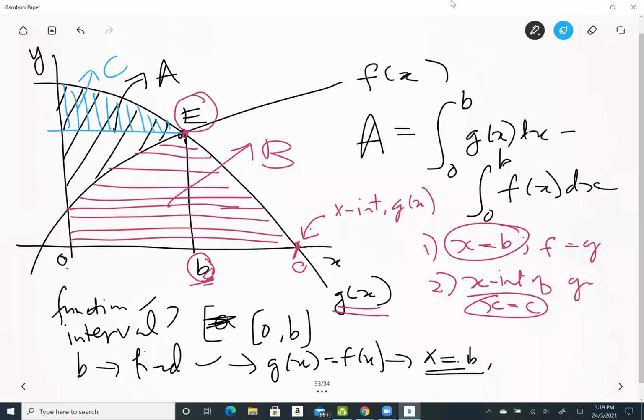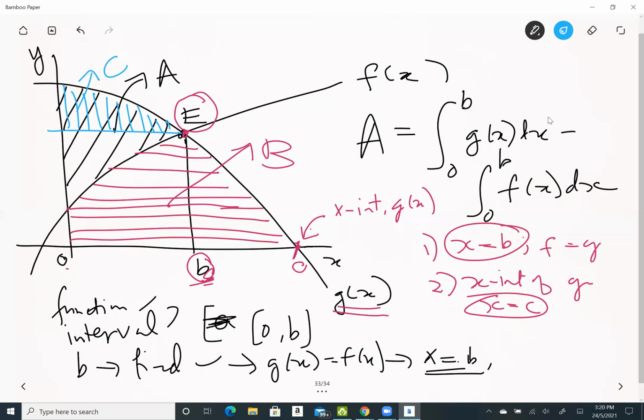Okay, so forget about A. Now we are looking at the area under g, which we already know. Then you have to take out that part. What is that part? Area of the rectangle.